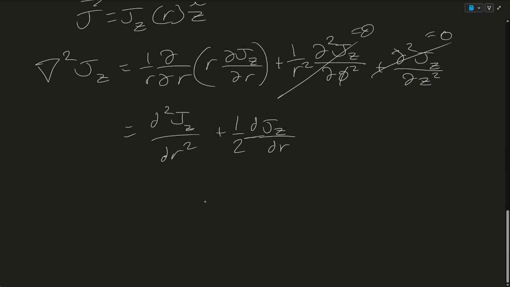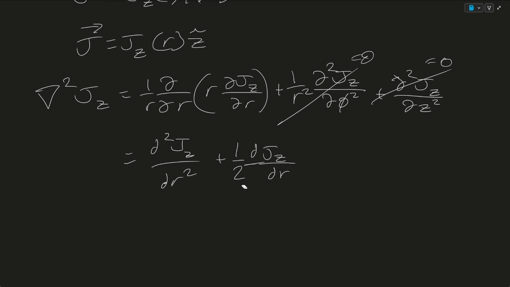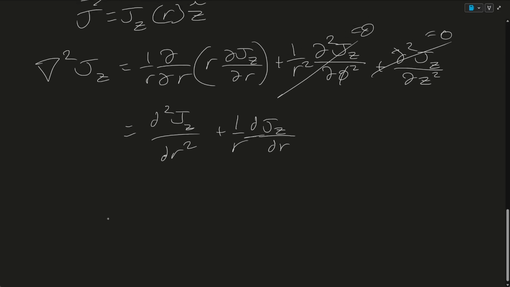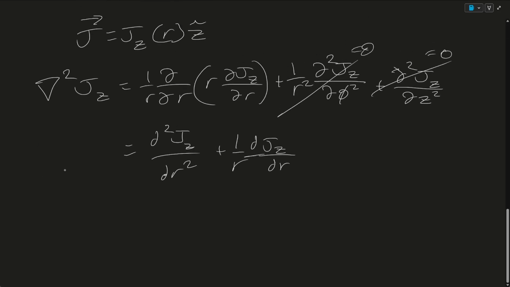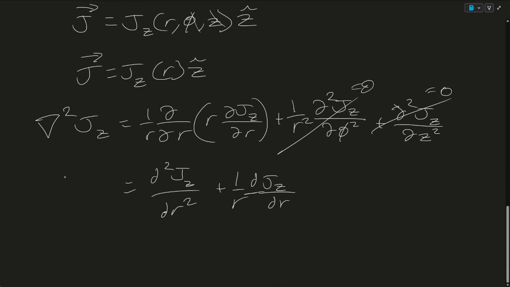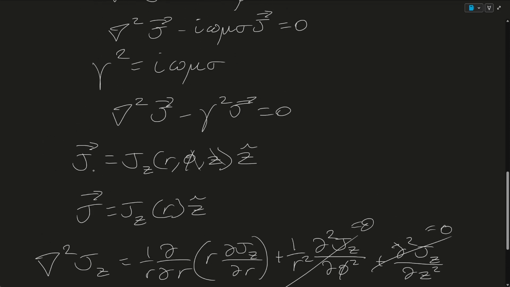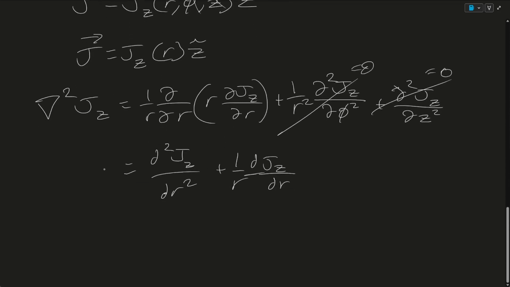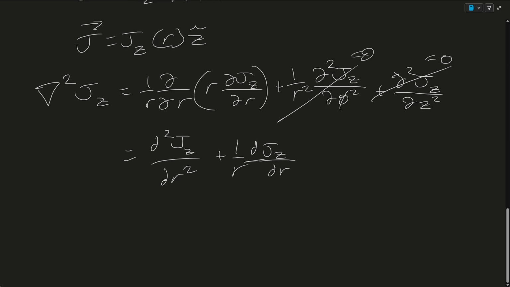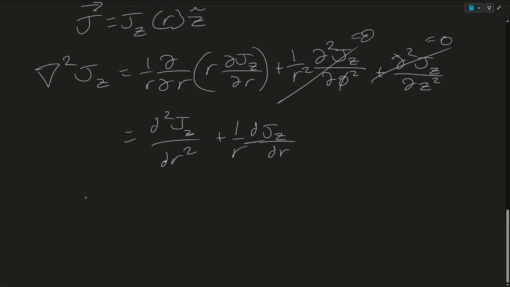Why do I keep writing a half? Oh dear. That's alright. And we can throw this into our Helmholtz equation that we did not get that long ago, up there. And we get that minus gamma squared Jz equals 0.